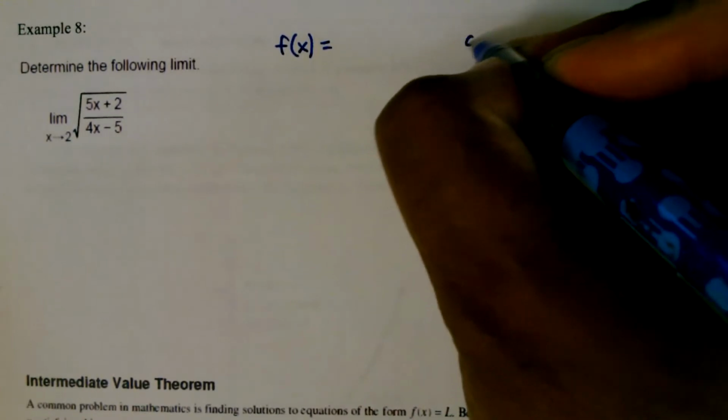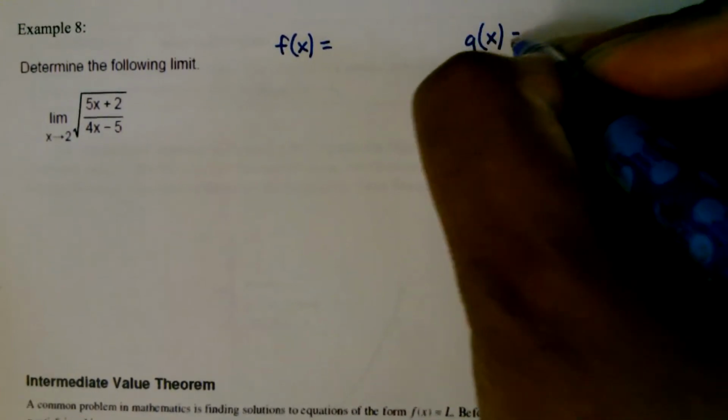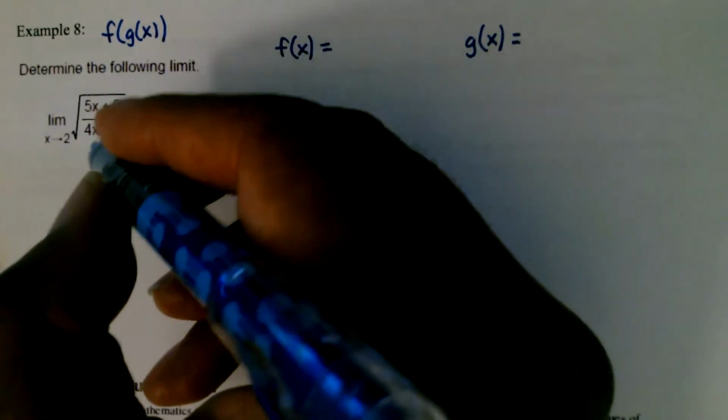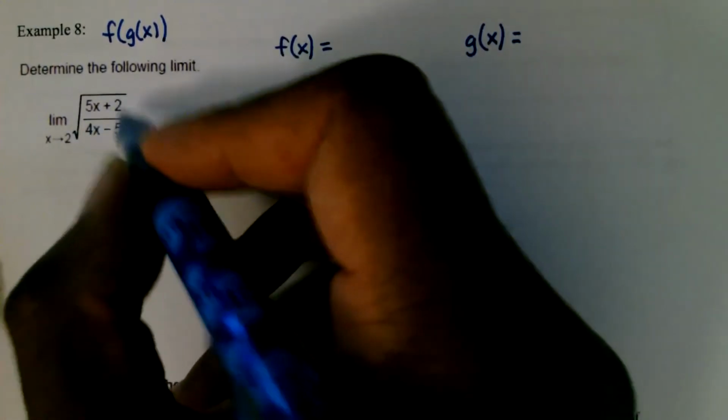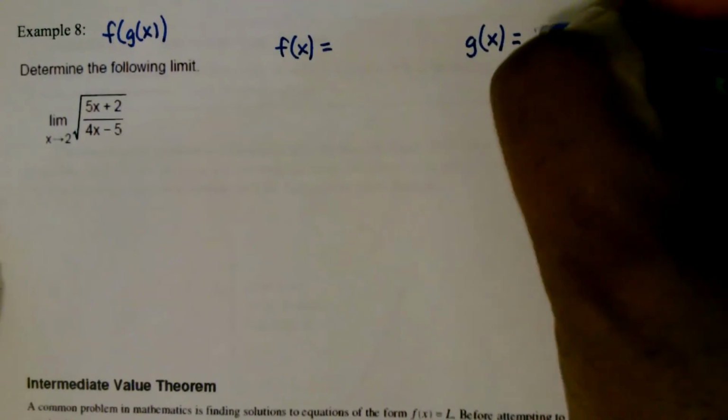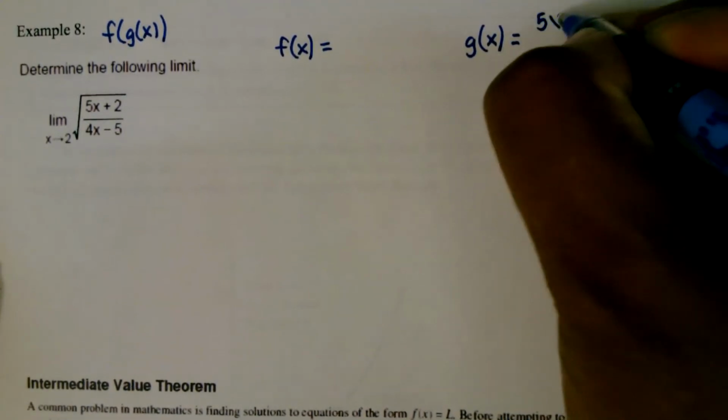Well, let's identify what f of x is and what g of x is. We're following the fact that we're dealing with f of g of x, where g of x is the inside function. What's underneath that radical is your inside function. So 5x plus 2 over 4x minus 5 has to be what g of x is.